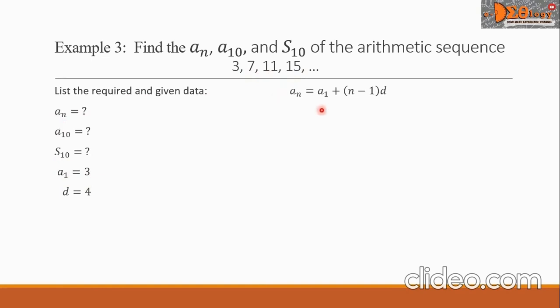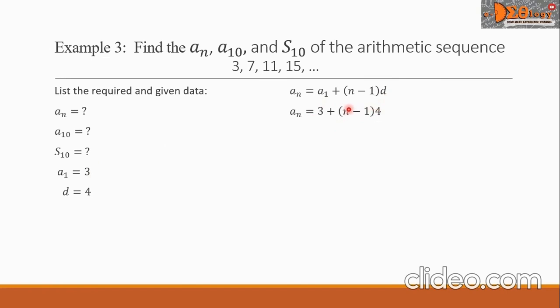Let us substitute the first term and the d, the common difference. So we have a sub n equals 3, the first term, plus the quantity n minus 1 will be same, multiplied to d, which is 4. Let us simplify further. This number 4 will be distributed to n and to negative 1.